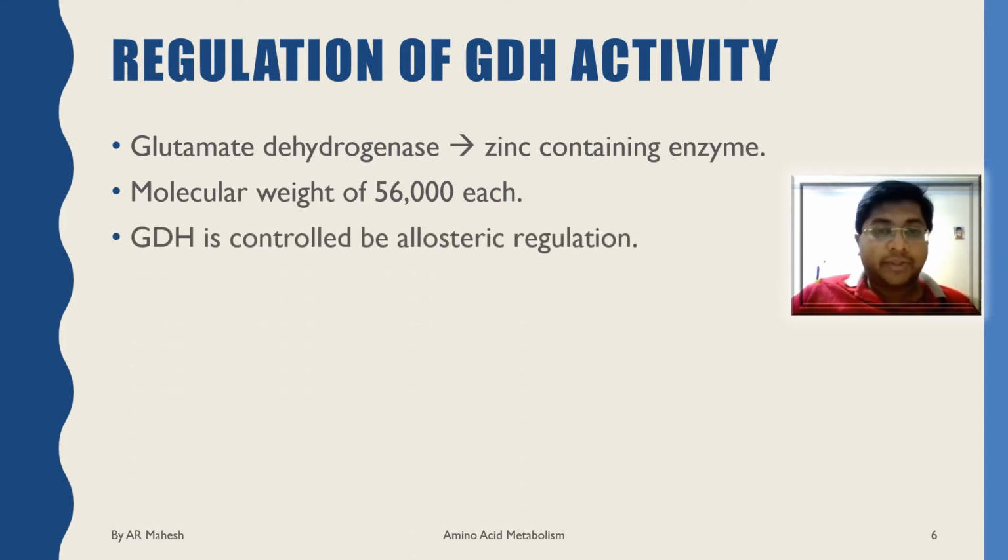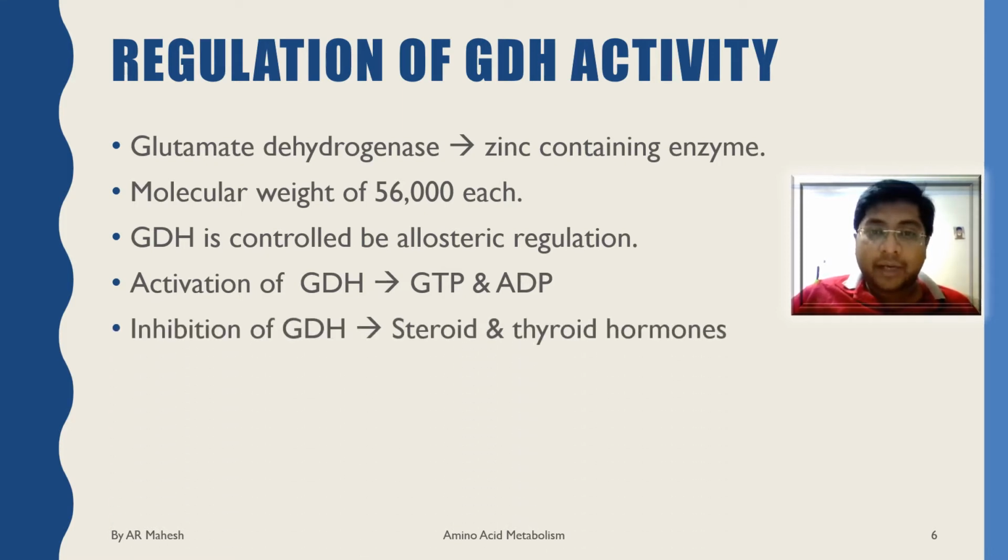Glutamate dehydrogenase is controlled by allosteric regulation. GTP and ADP activate this glutamate dehydrogenase enzyme, and the steroid and thyroid hormones inhibit this glutamate dehydrogenase complex.